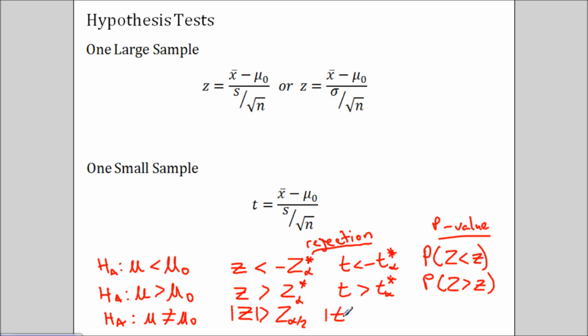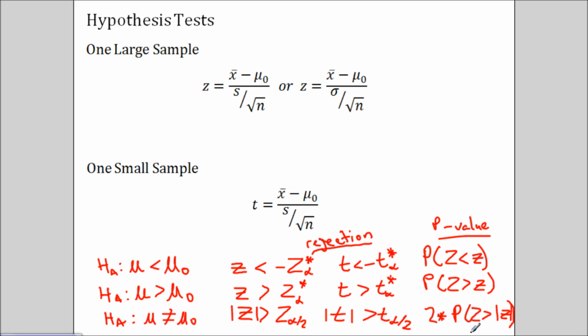We take the absolute value of the test statistic, and is it larger than the critical value for alpha over 2, because we're testing in two directions. The p-value is 2 times the probability that Z is greater than that. Once again, the absolute value just means we ignore negatives.